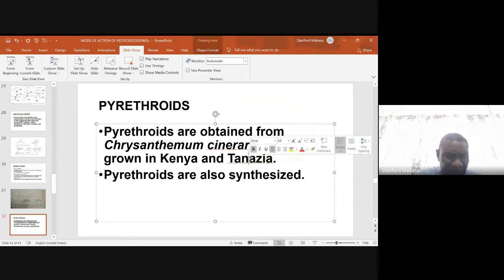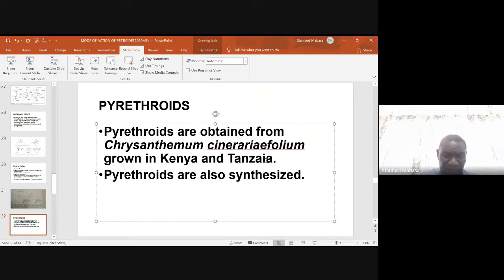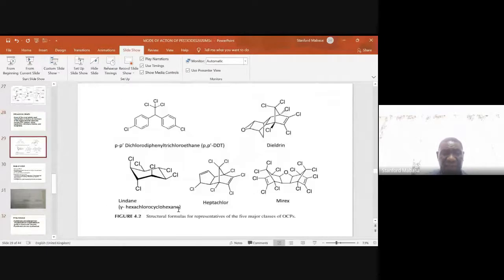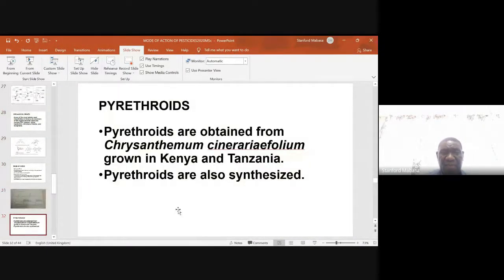Pyrethroids can also be synthesized apart from being extracted from this plant.